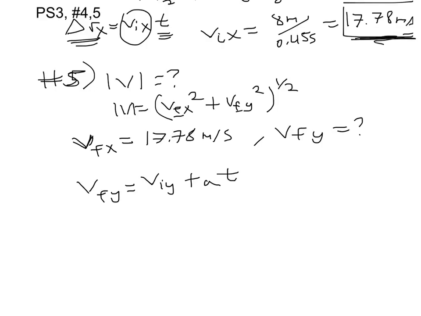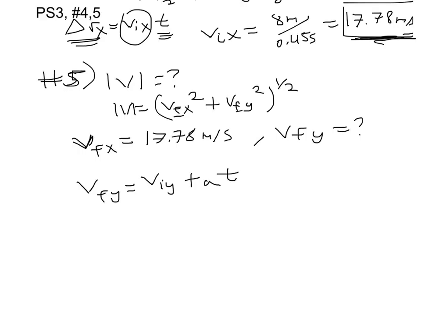What this equation means is that when the dog is traveling through the air in the vertical direction, its vertical velocity at impact is going to equal the initial velocity that it has in the y direction, which is 0, plus the acceleration due to gravity times the amount of time that it's in the air, which is the amount the dog will be accelerated to a new velocity.